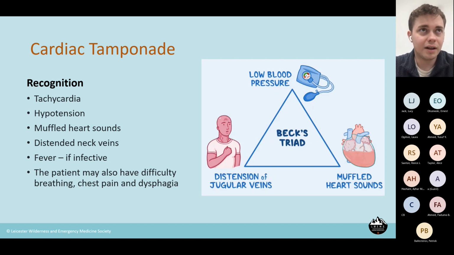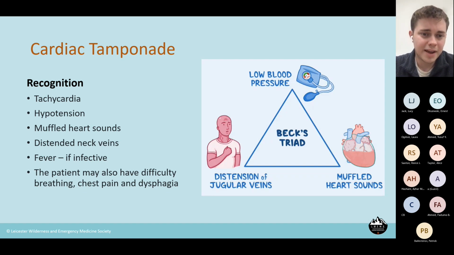So you're getting essentially venous congestion, fever if it's an infective cause, and then obviously you're looking for things like if they've got difficulty breathing, any chest pain, difficulty swallowing potentially as well. The build-up of fluid around the heart can also put pressure on the esophagus, which is essentially directly behind the heart.